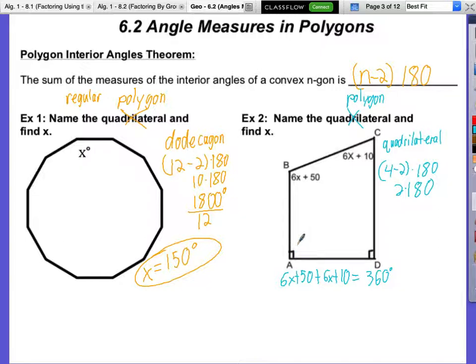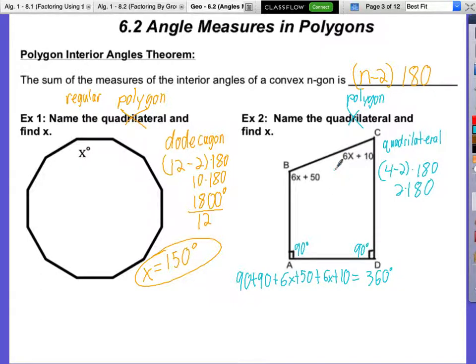Okay, because of these boxes, right? So this is 90 degrees, and this is 90 degrees, so those will add up to 180. So Aubrey's saying all 4 of these angles should add up to 360, but if we already know 2 of them are 90 and 90, adding up to 180, then the other 2 have to add up to 180 as well.